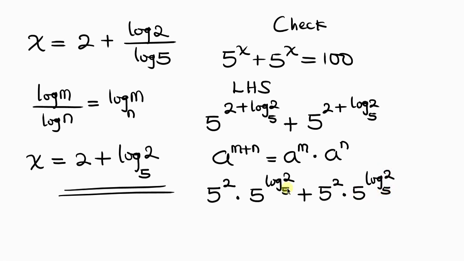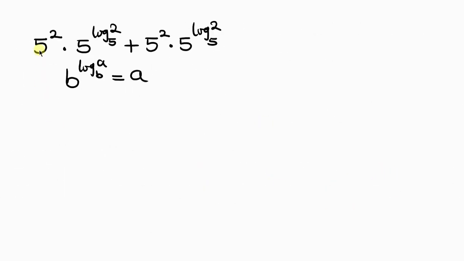Now, there is a law of logarithm which says when I have b to the log of a base b, as long as the base here and the base here are the same, the result will be a. So let's apply this law of logarithm to what we have here and here. So we have 5 squared is 25 times, now since the base here and the base here are the same, we're going to be taking 2.